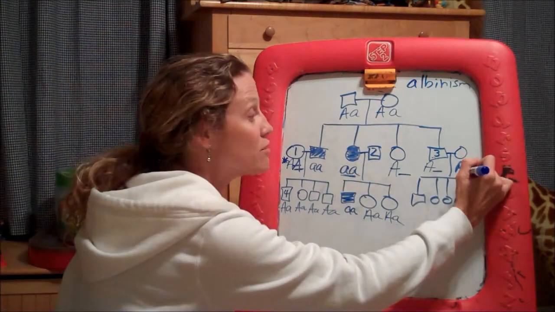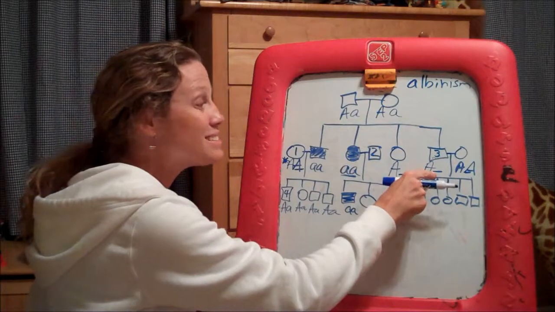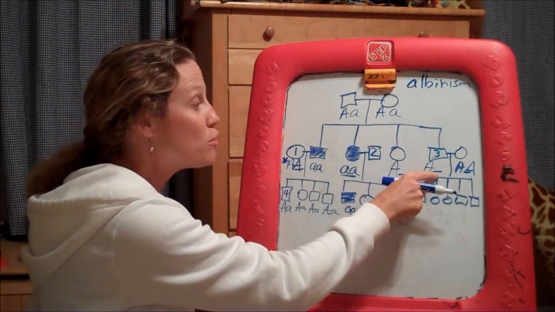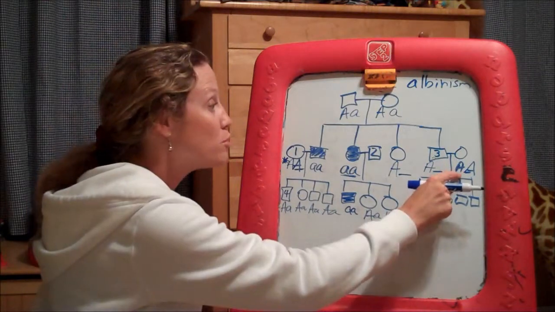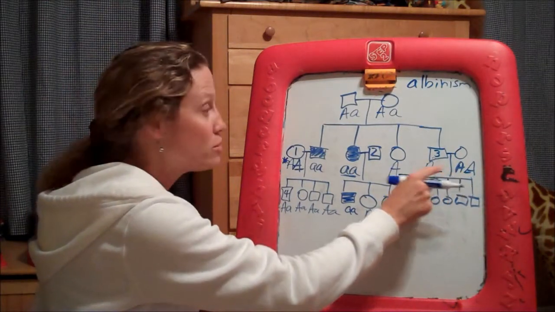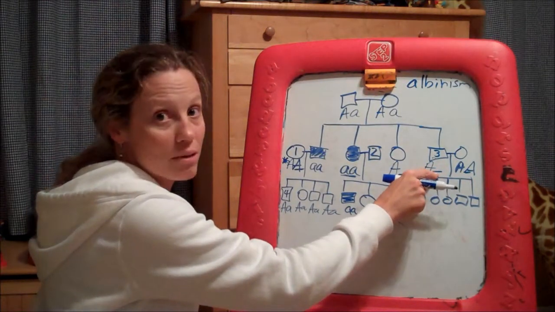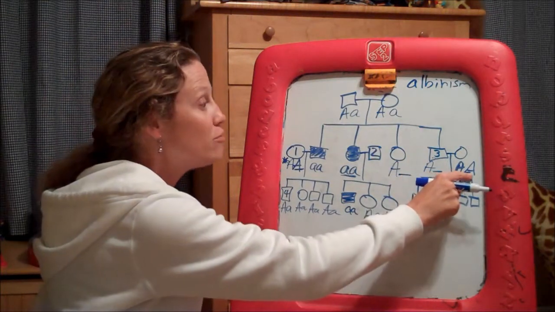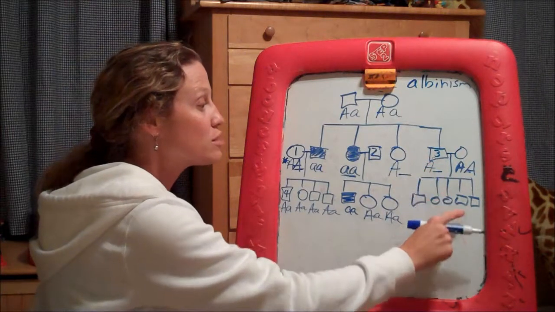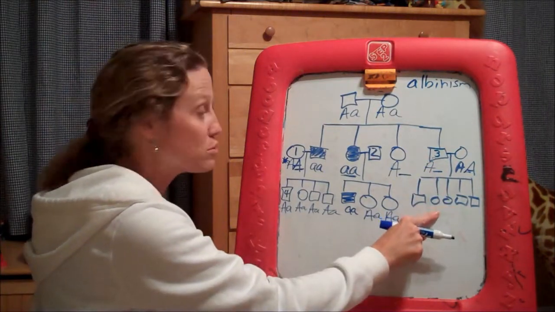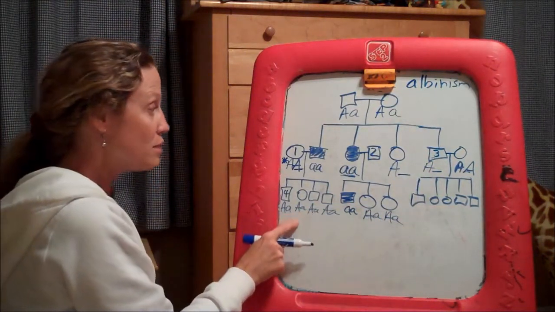Because if this wife is big A, it doesn't matter what that is. There's no way possible that they would have an albino child. Because every one of them would get a big A from her. So then you have no idea what that second one is. Okay? If she's a carrier and he's a carrier, then chances are you'd have at least one that was albino, but not necessarily.